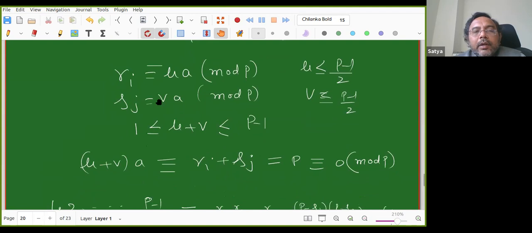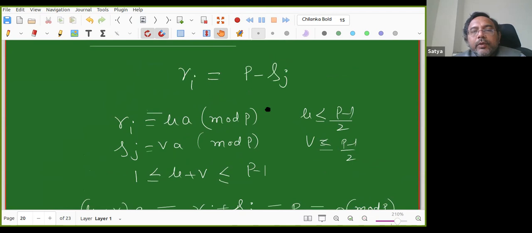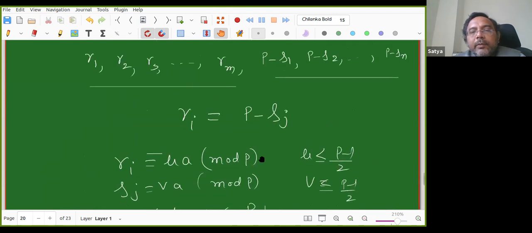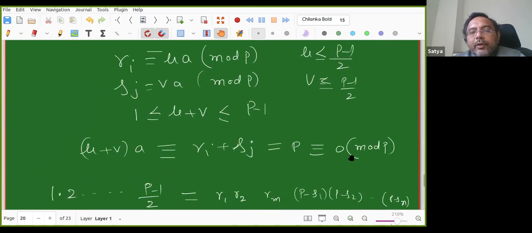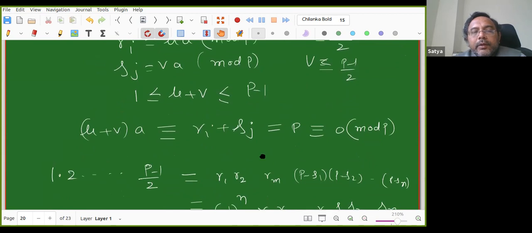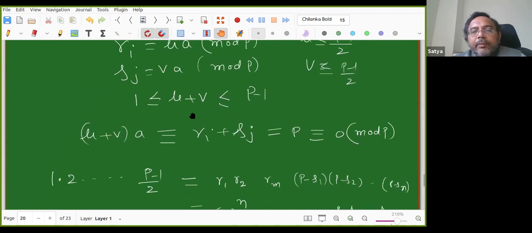Now I added them, so we got this. Ri plus Sj equals P, so it is 0 mod P. So U plus V lies between 1 and P minus 1, and yet it is divisible by P. That is a contradiction.